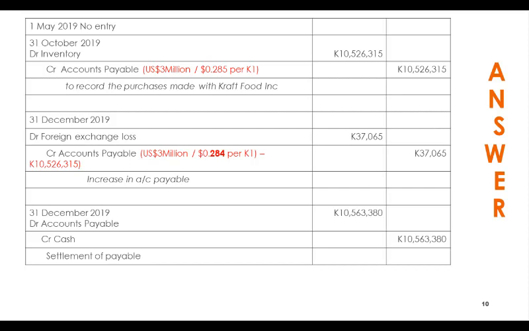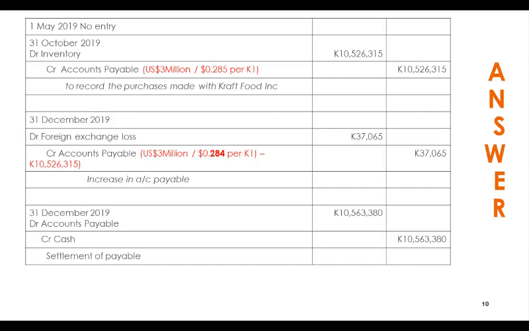Now, the first entry is debit inventory and credit accounts payable. That is 10,526,315. Now we can calculate the amount to be recorded. Again, we have to translate or convert the amount from US dollars into Papua New Guinea kina.